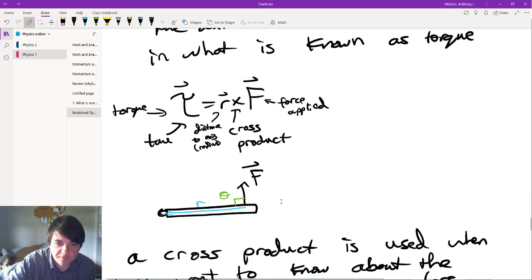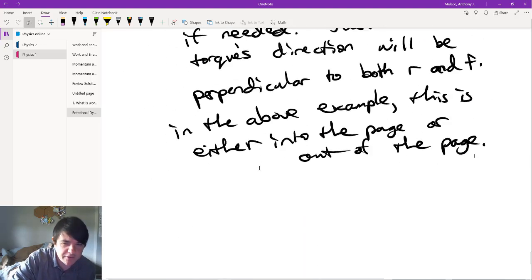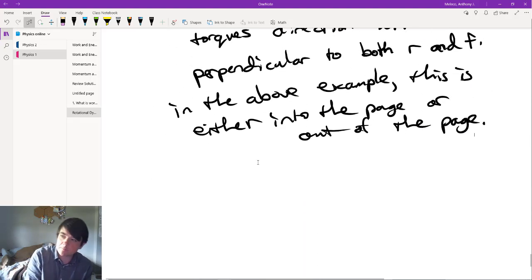So if you look at this, perpendicular to both, you have the radius to the left, you have force up, so that means we need to go into the z-axis or the other dimension, which is either into the page or out of the page. And like I said, if I need to, I'll show you how to determine which one that would be.